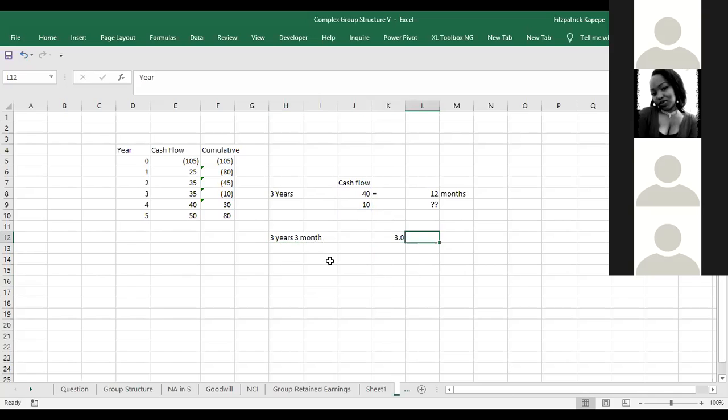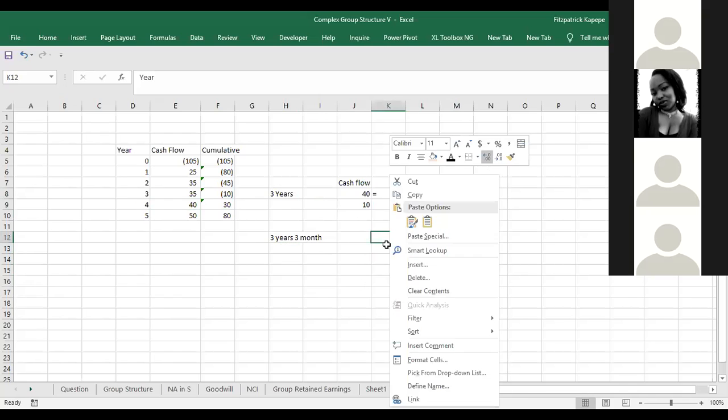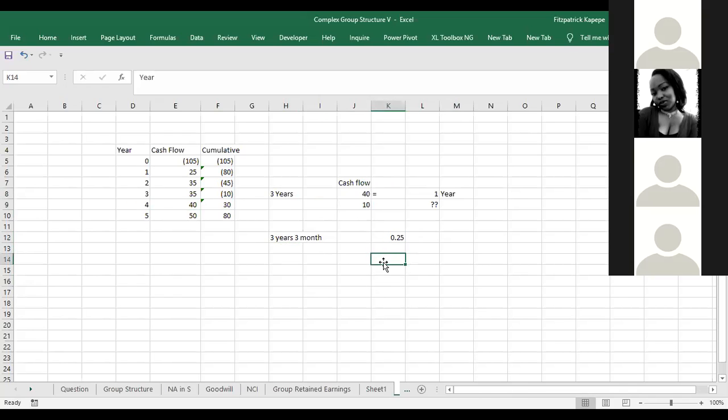But if you want to show years instead of months, you're saying this 40 is allocated for the full year. So it equals 3 plus 0.25, which is 3.25 years.